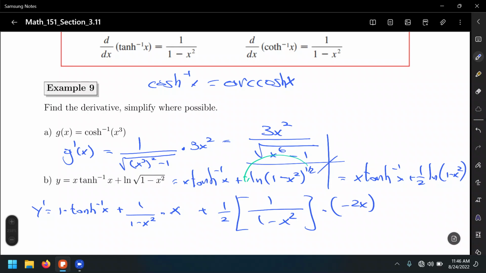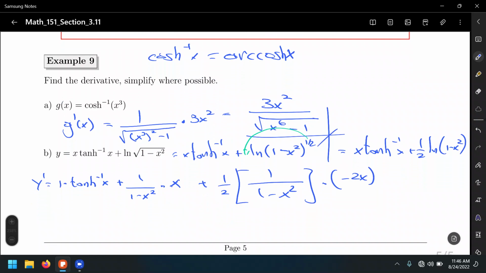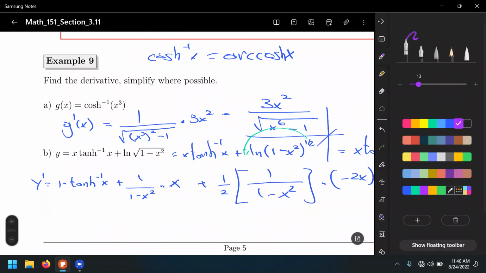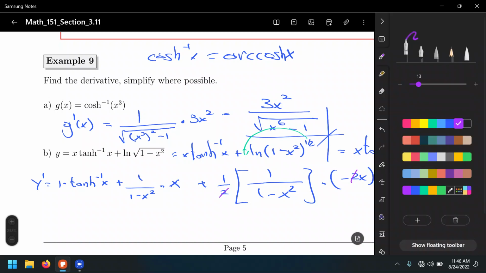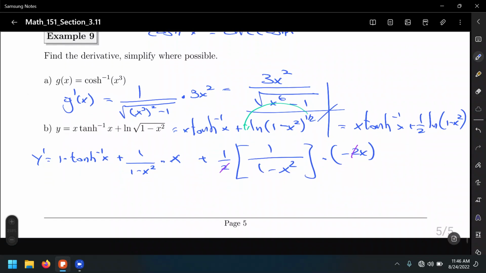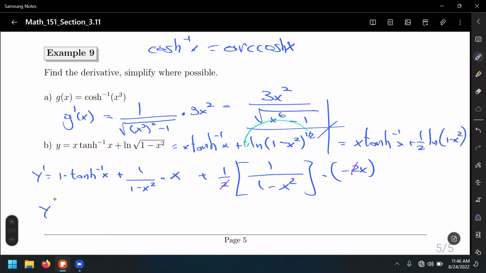Someone raised a hand over here. Okay. Well, this will, number one, simplify the 2 with the 2. And yes, this derivative already looks very crazy with the number of terms, but trust me, see how this is going to simplify. That's going to be 1 times tanh inverse of x, plus x over 1 minus x squared, and then a positive times a negative is a negative.